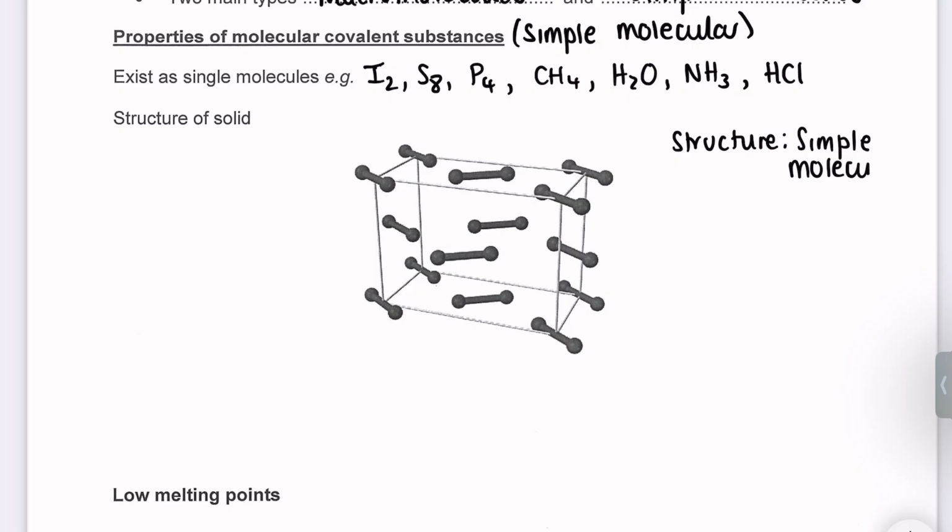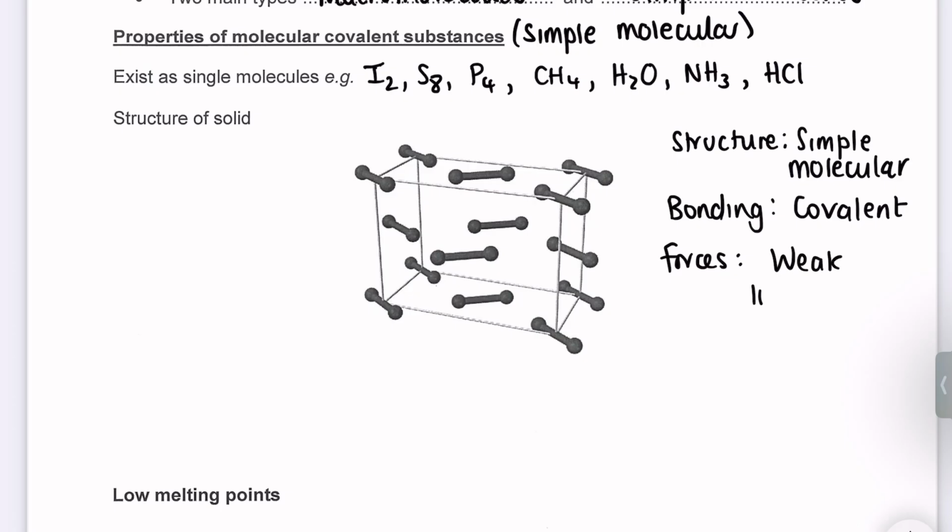This one's a little bit more confusing because their bonding is covalent, but their forces are not covalent bonds. Their forces are weak intermolecular forces, and we will have to pick which one, between the molecules.